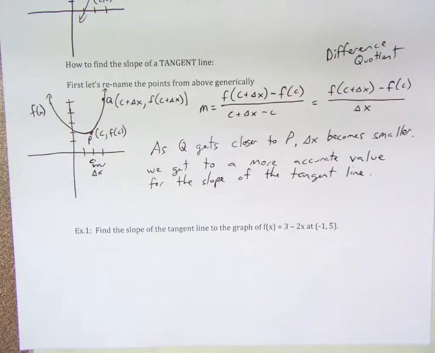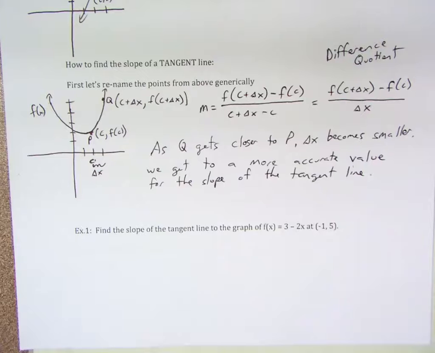So that's what g of 1 plus delta x is. We inputted 1 plus delta x in for x, minus whatever g of 1 is. So g of 1, plug 1 in for x, 1 squared minus 4 is -3. So minus -3 is plus 3, over delta x.